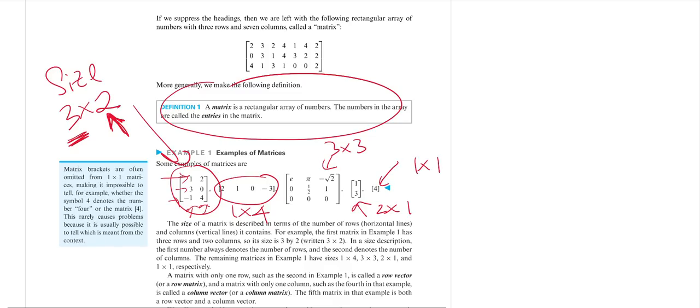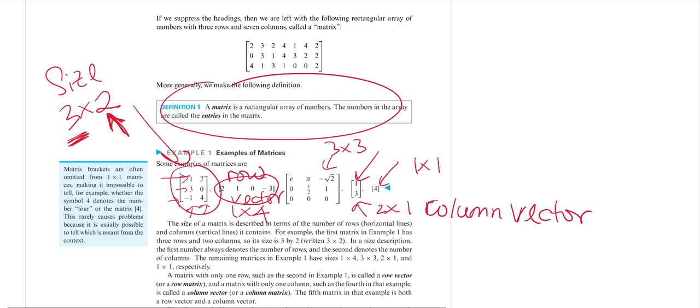Now there's some special terminology that we're going to use a lot during this course: this particular 1 by 4 matrix is also known as a row vector. And here, this 2 by 1 matrix is what we're going to call a column vector.